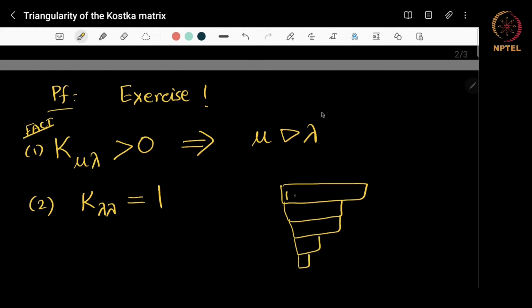We already saw the 1s can only occupy the first row, and there are already lambda 1 1s, which means the entire first row is occupied. The 1s and 2s can only occupy the first 2 rows, and there are lambda 2 2s already, so the 2s occupy the entire space available. Similarly, the 3s can only occupy the first 3 rows, and there's only that much space available, and so on.